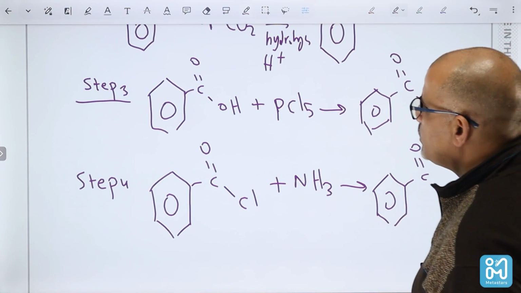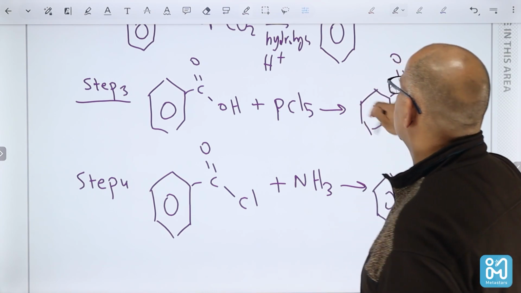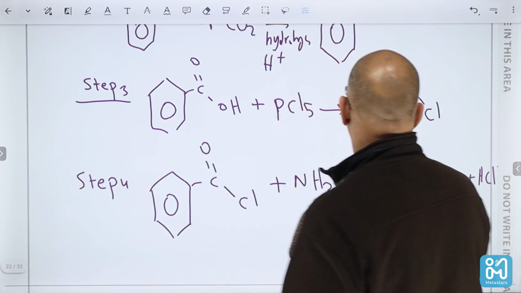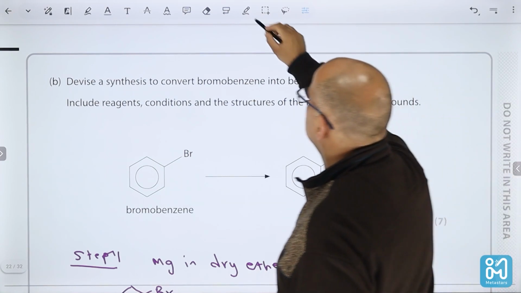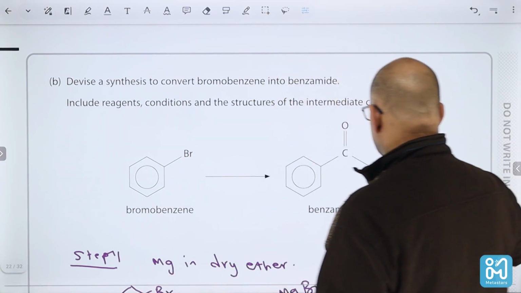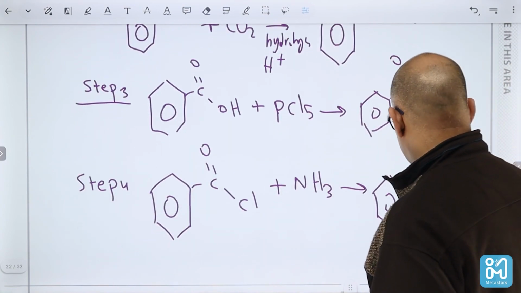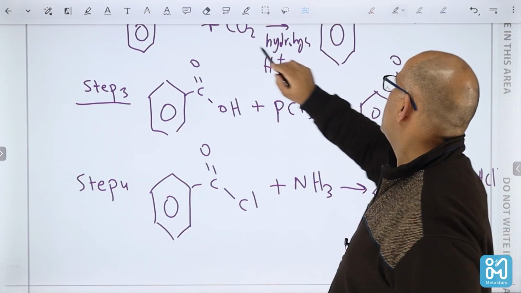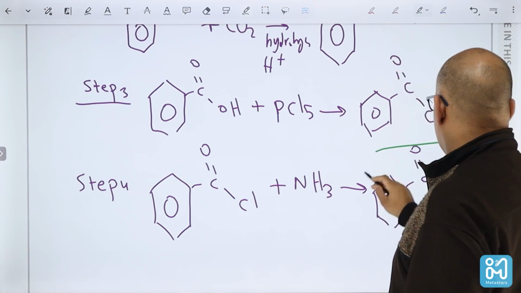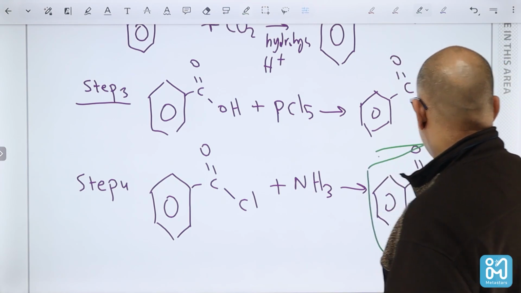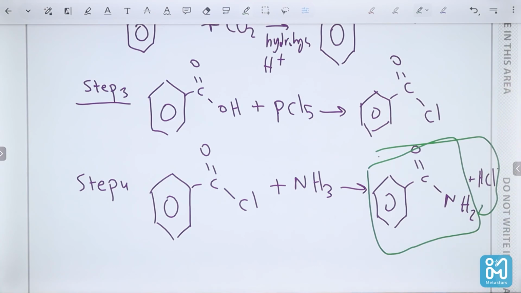So it's misty fumes which are produced. Then you will find that the product, which is benzamide, was formed in the reaction. So that's the demanded organic product, which is benzamide.